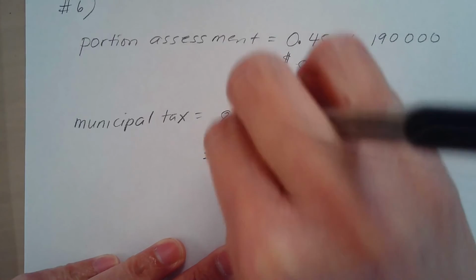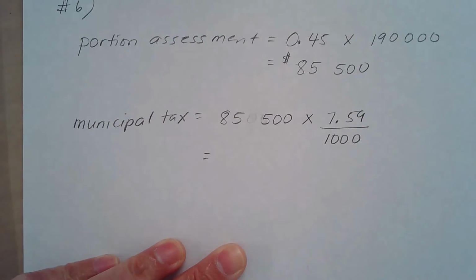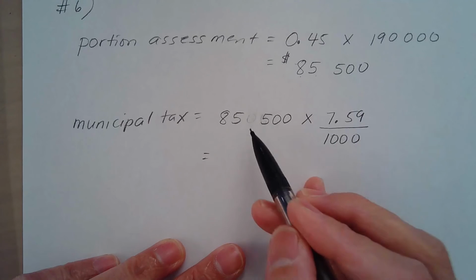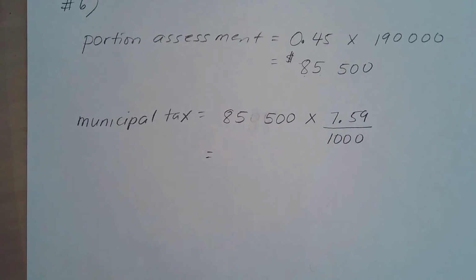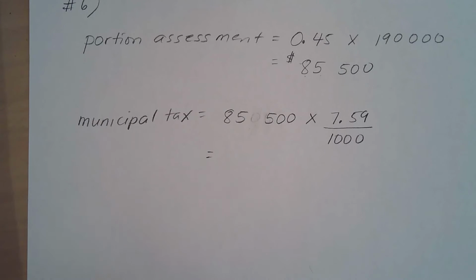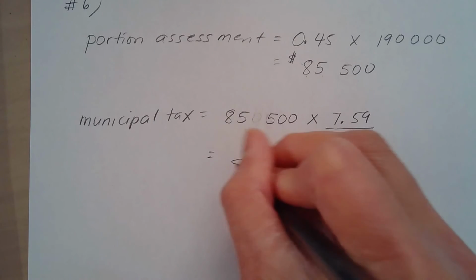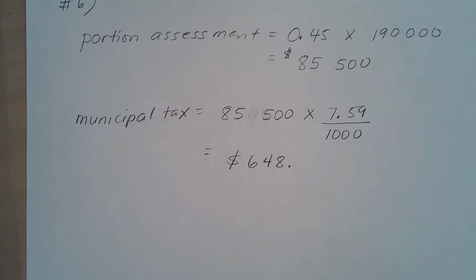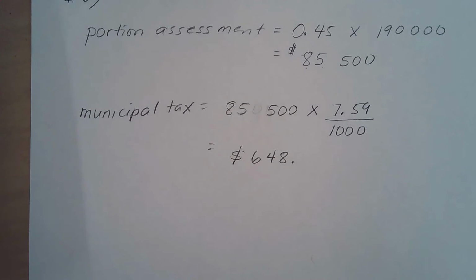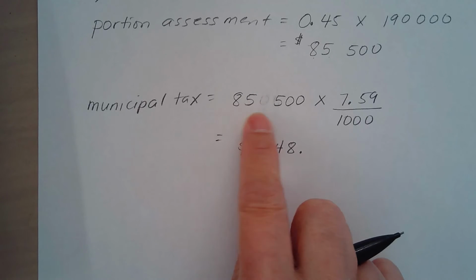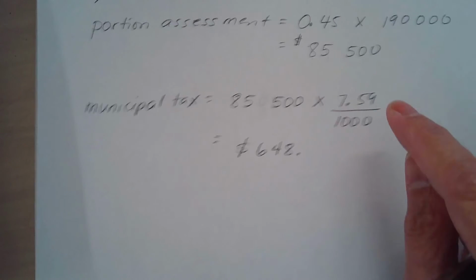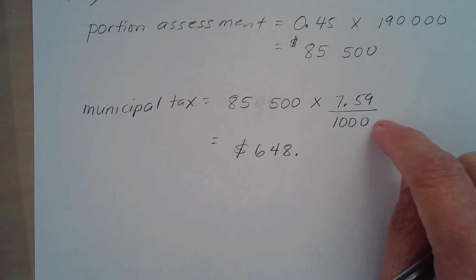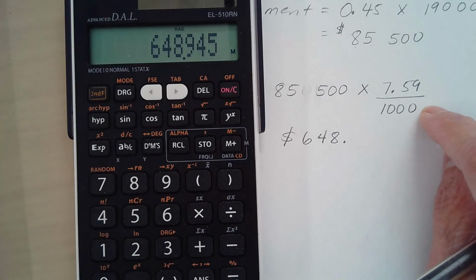I put too much of a 0. So 85,500. Erase that 0 there. So municipal tax is 648 point. I'm going to show you what I got in here. Okay. So if I multiply 85,500 times the mill rate of 7.59 divided by 1,000, this is what I'm going to get.